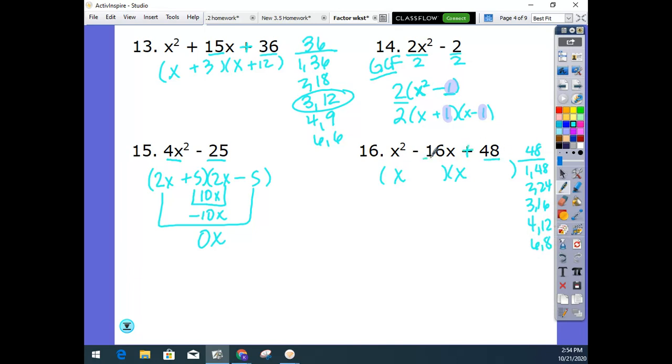Factors of 48, add to get 16. Now to get a negative 16, negative 4, negative 12.